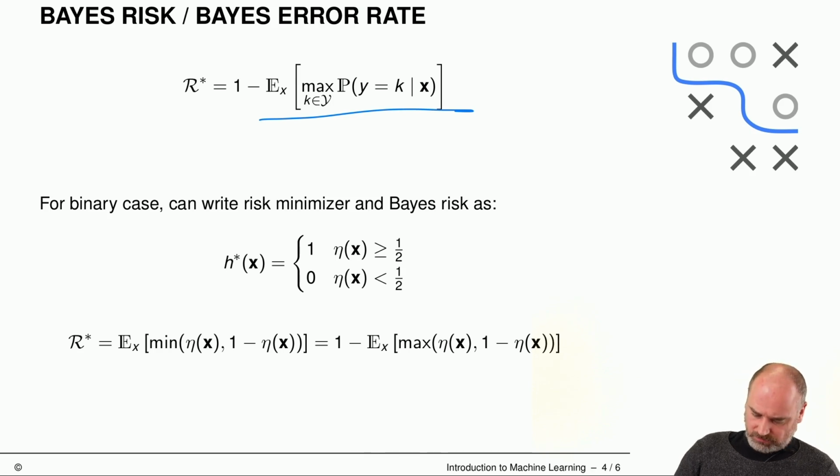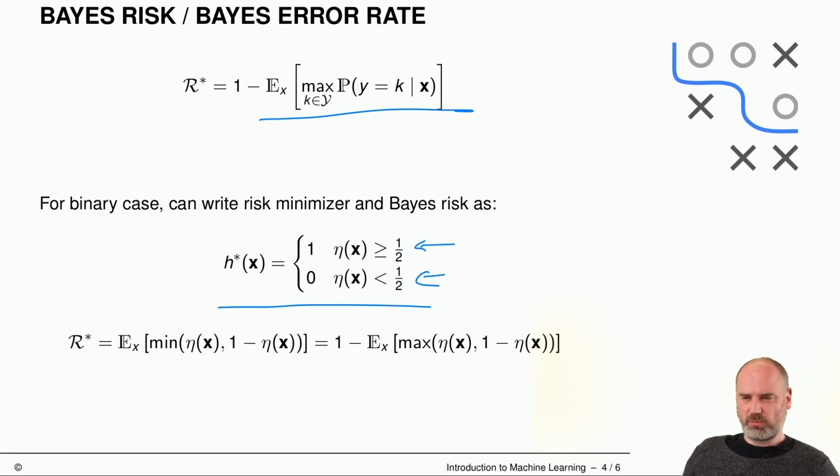You can also write the risk minimizer in a slightly different form for the binary case, in terms of these conditional probabilities. We would say if the conditional probability is above 50%, we would say class 1, and if it's below 50%, we'd say class 0.